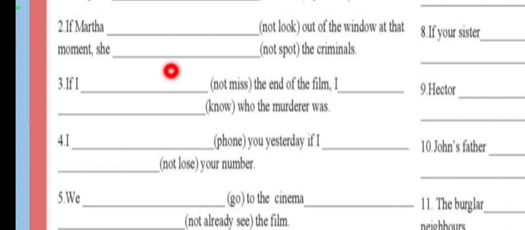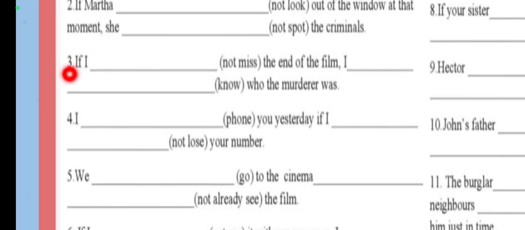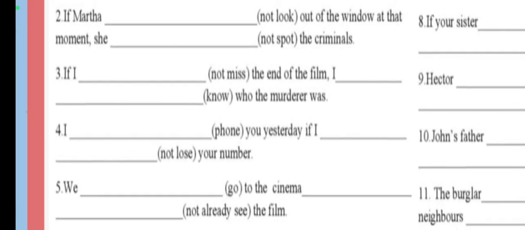Amazing job. Be careful. Spotted. Past. Spotted. Estudiantes, estén muy pendientes con esto. Siempre va a ser would have, no será would has. Never. Siempre va a ser would have plus past participle. Now, Valerie, can you do number 3, please?